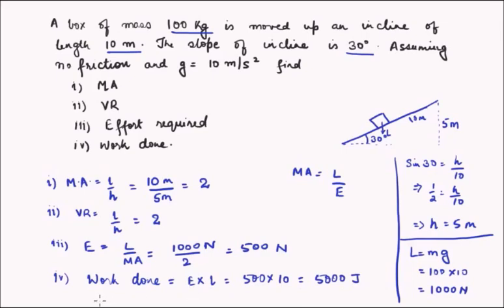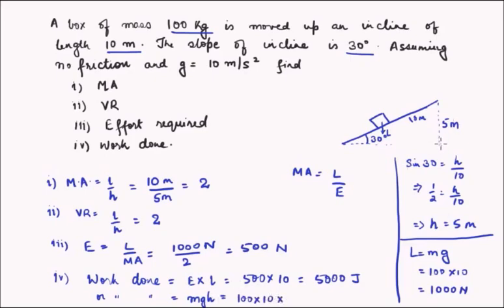Alternatively, we could have found work done as mgh, where m is the mass of the body, g is the gravity, and h is the height to which it is lifted. That would give us mass of 100 times 10, and the height would be 5 meter here.